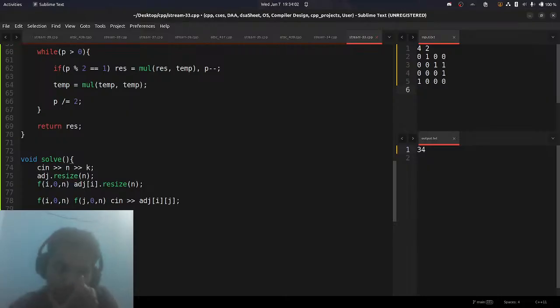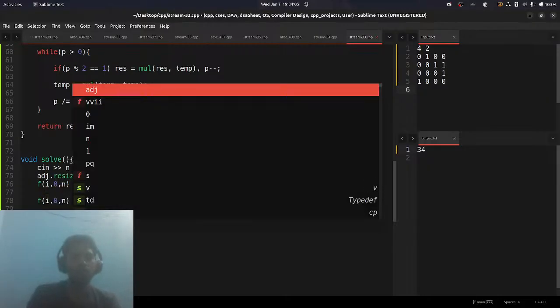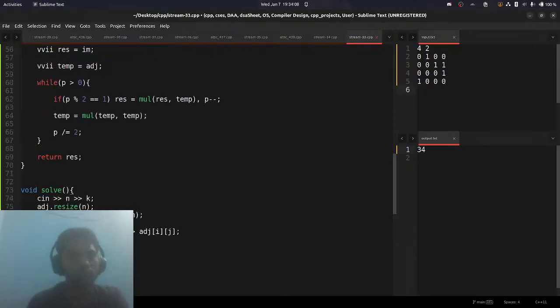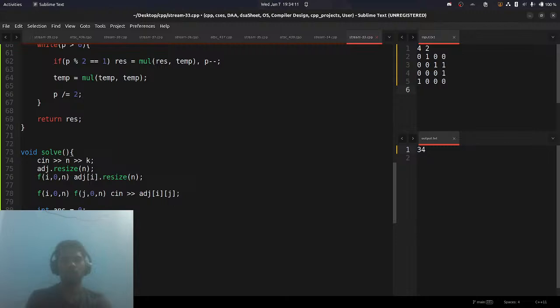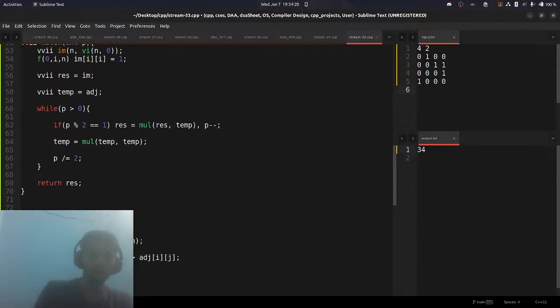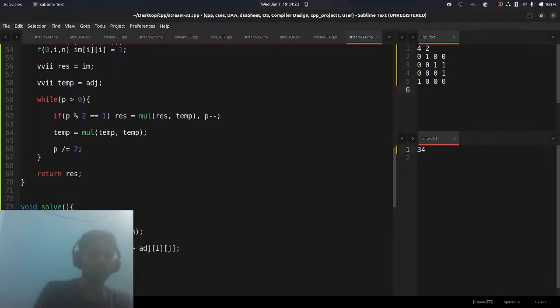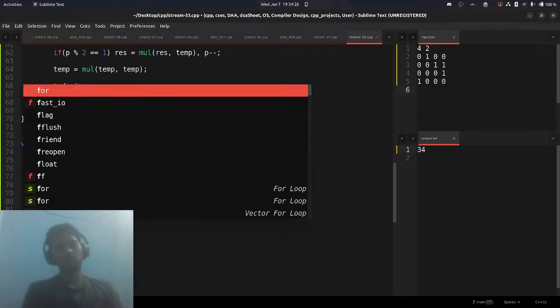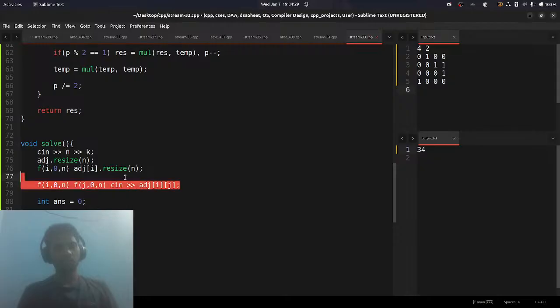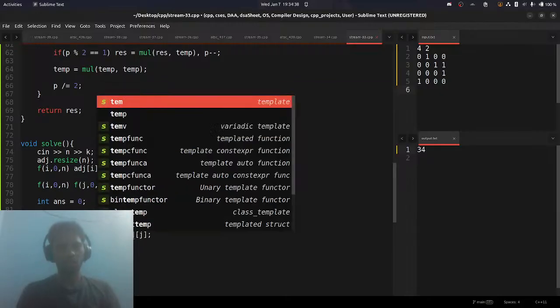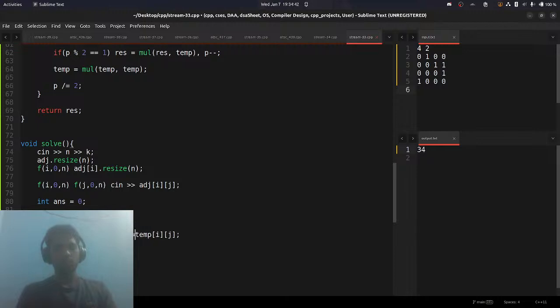And we have our matrix exponentiation, pass key, and for all the values we will add to answer, of course after modding it.